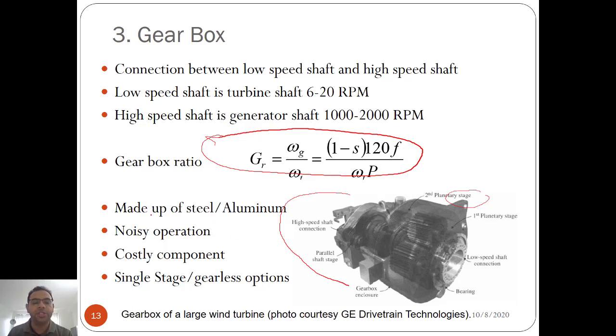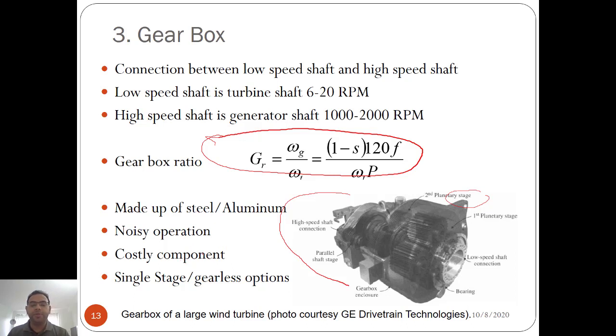Generally, our gearbox is made up of steel. It's the most noisy component in your wind electric power conversion system, and also the most costly component, and it causes much wear and tear, and we need to maintain it in a timely manner.